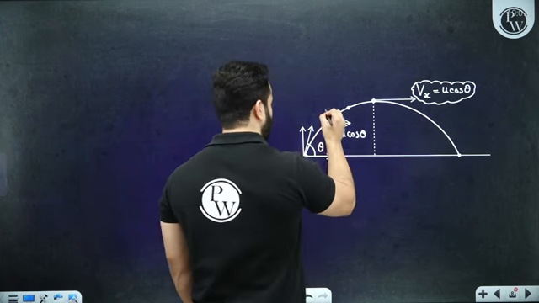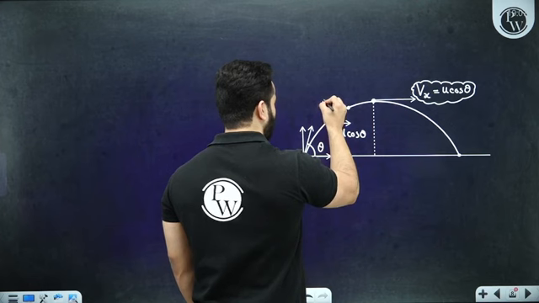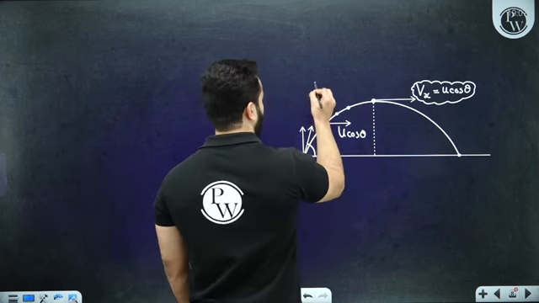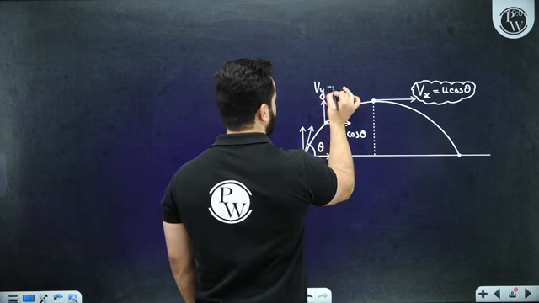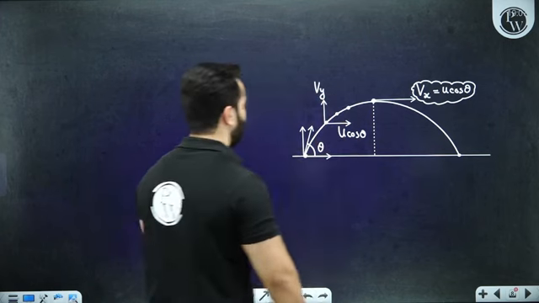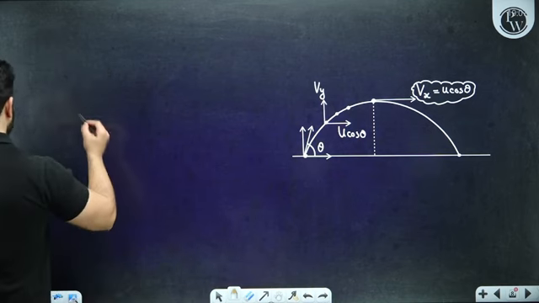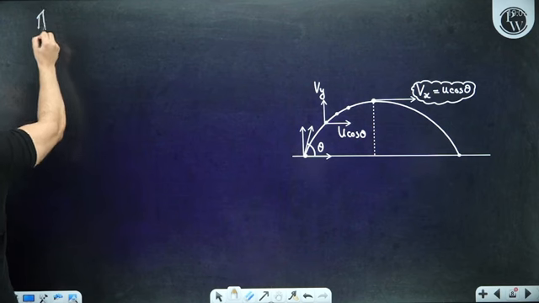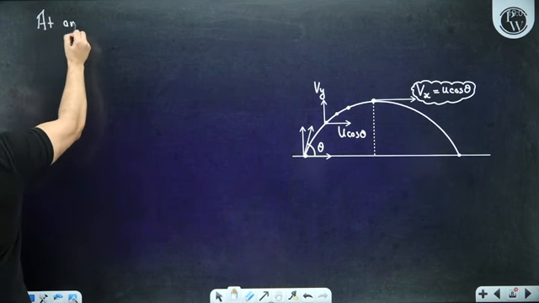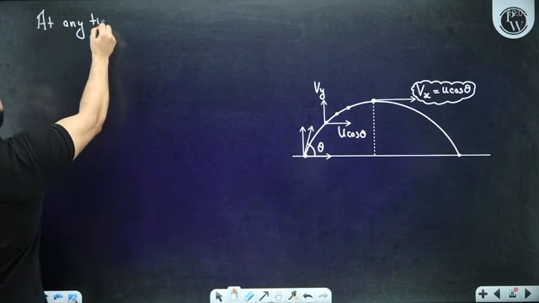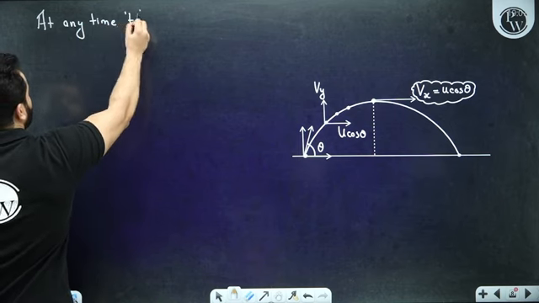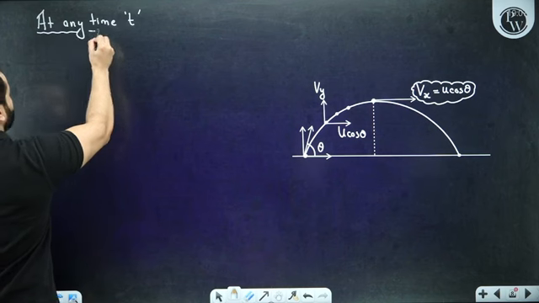And let's say this is Vy. How are we going to write Vy? Although we are going to discuss it after some time, let's just write it. Let's suppose at any time t you have to write Vy. It's quite easy, just use the first equation.